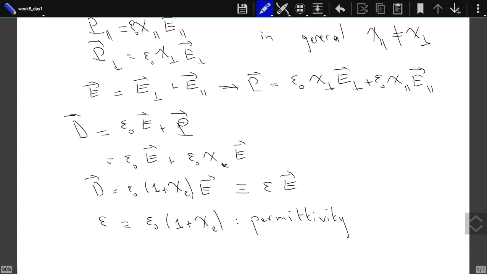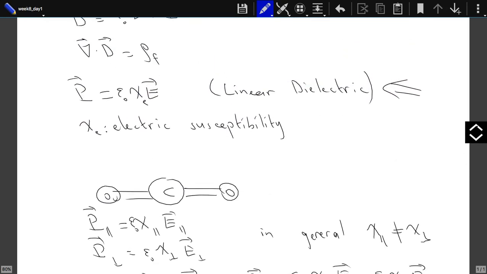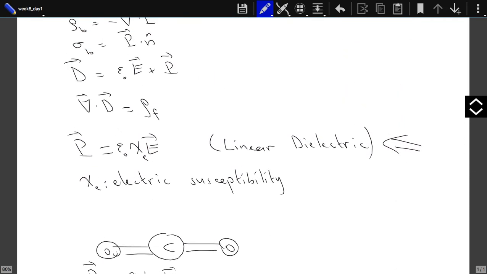Do you know the meaning of being susceptible? It means can be influenced by. So we call this susceptibility because it measures how easy it is to polarize a given medium. If you have a larger susceptibility, that is your material is easily influenced by the electric field, then you will get a larger polarization.